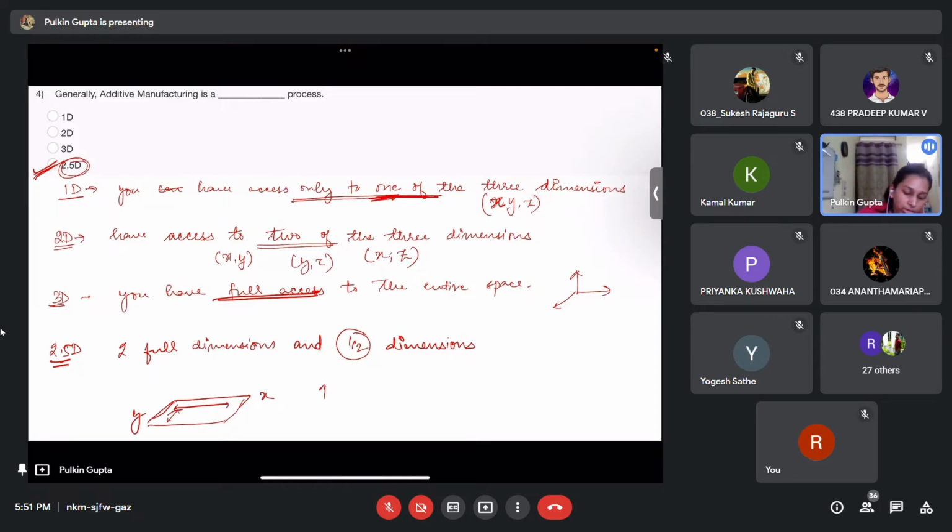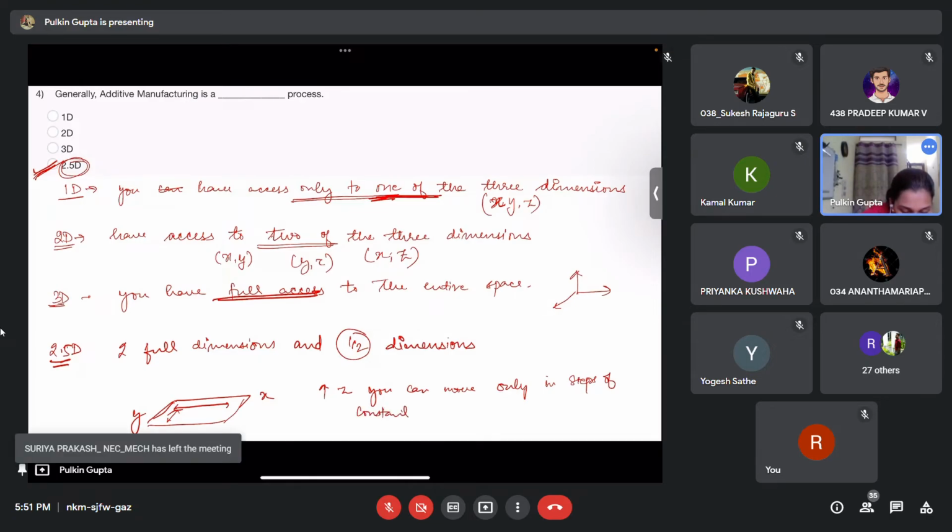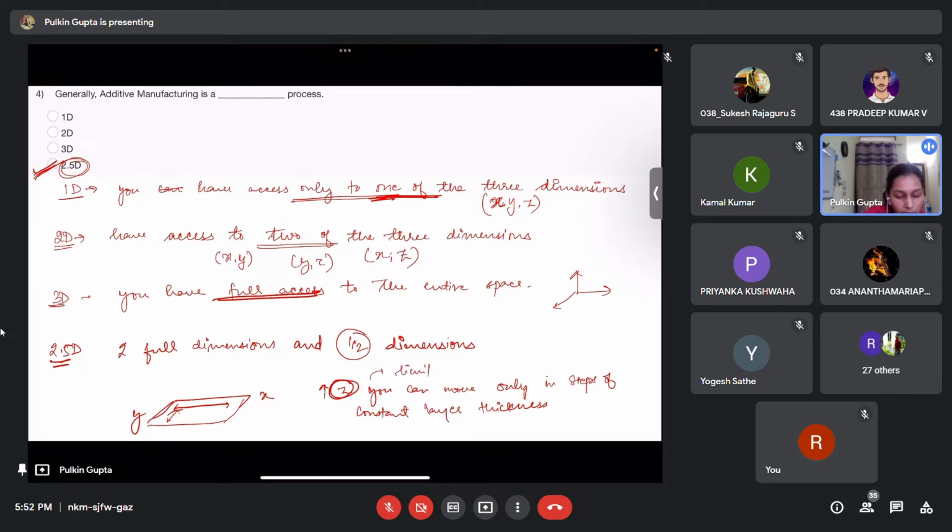But along Z, you can move only in steps of constant layer thickness. Since we have limited access to the Z direction, we say it is a 2.5D process.